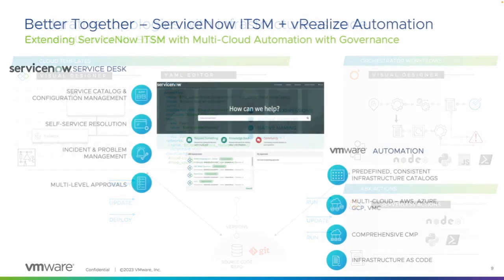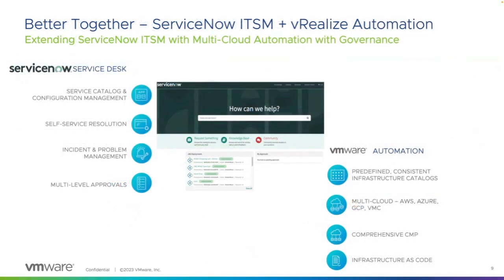That's pretty helpful. Okay, so another one is really this integration we've had with ServiceNow for some time. If you're an Aria Automation customer, whether you're on-prem or in the SaaS version, we have had a capability to display the catalog within Aria Automation in a ServiceNow portal.